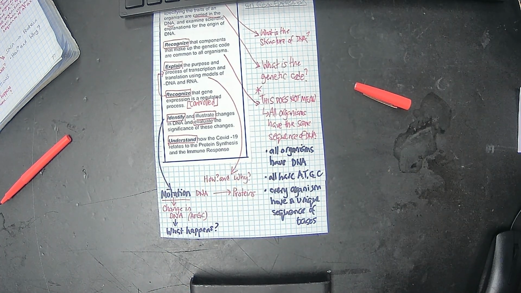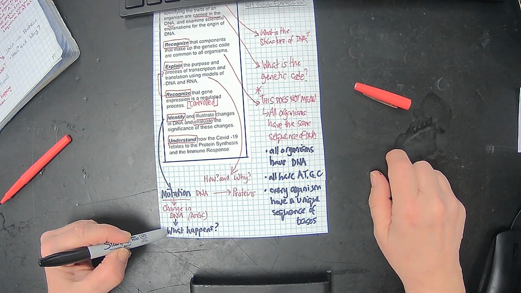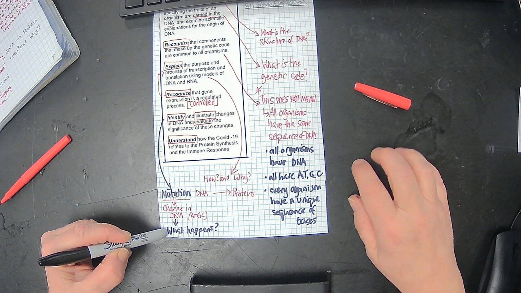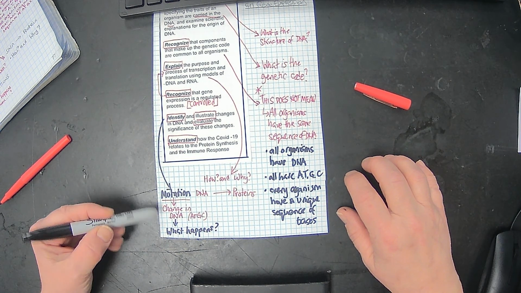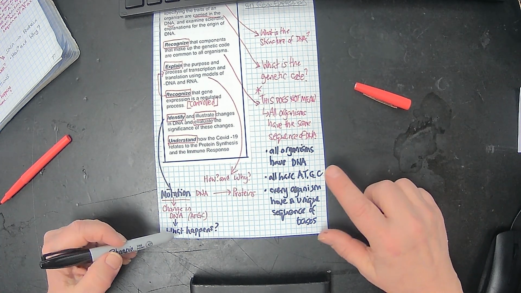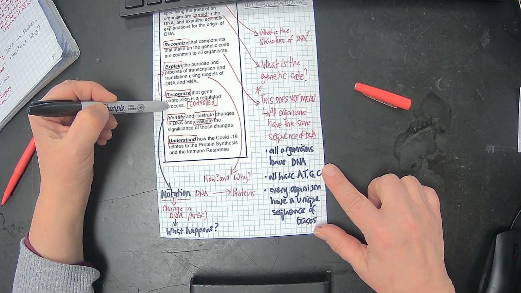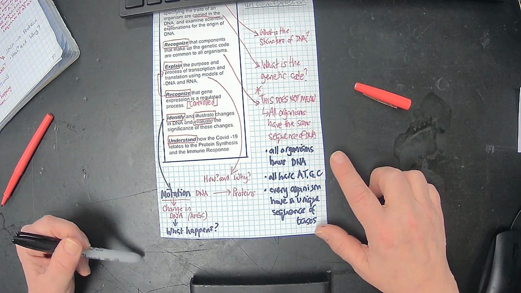And most of the time, we always think of mutations as a bad thing. A lot of the time, your DNA can change and nothing happens, right? And you will understand when we go back to how we control the process of protein synthesis, why nothing happens.